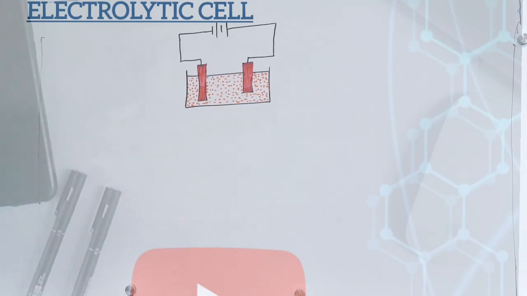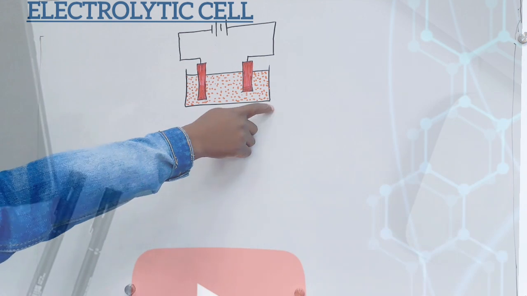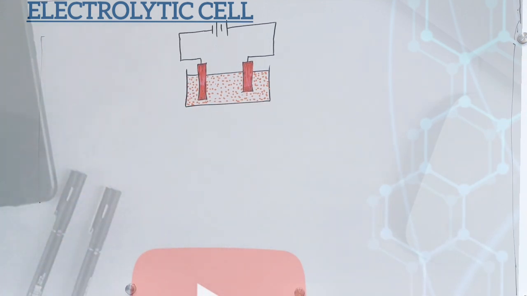Hello guys, in this video we are doing electrolytic cell. An electrolytic cell is an electrochemical cell which consists of one compartment, which is one container, and two electrodes, where the electrodes are anode and cathode.